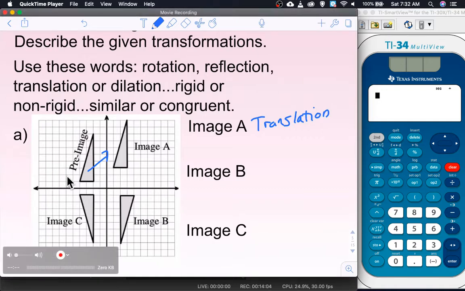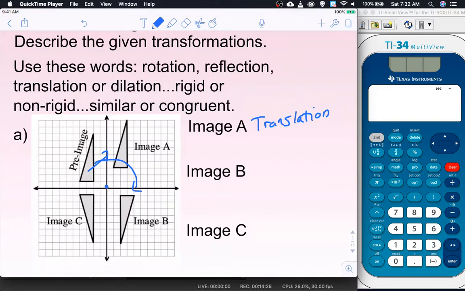Image B, from this thing here to this thing here, because again, pre-image is the original. What happened from this to this? I mean, did I flip it this way? No, flipping I don't think would work. This is a rotation. This spun probably around the origin.